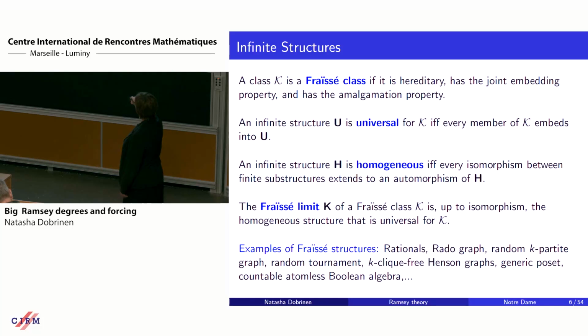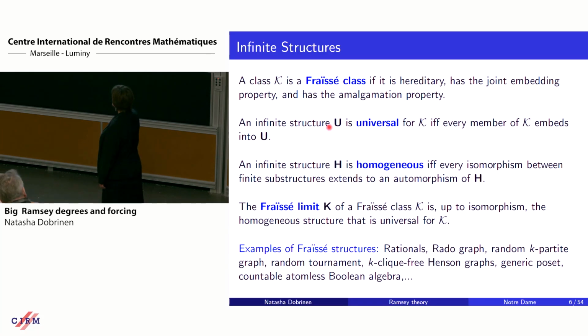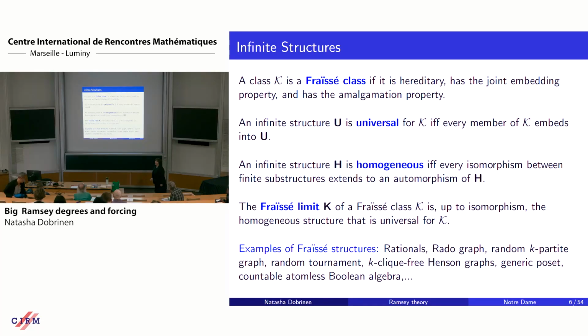Okay, so there's an important distinction between universal structures and homogeneous structures. So a structure is universal for a class K if every member of that class embeds into it. And a structure is homogeneous or ultra-homogeneous if every isomorphism between two finite substructures extends to an automorphism of the whole structure.